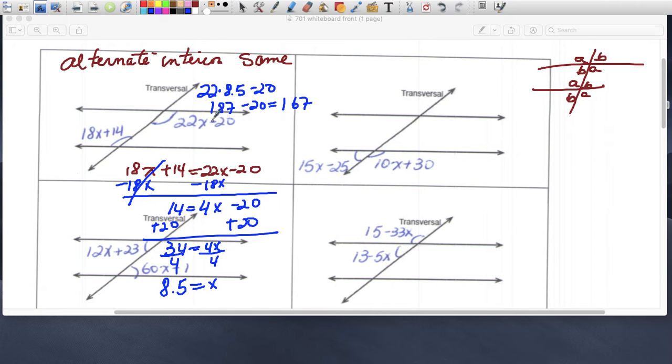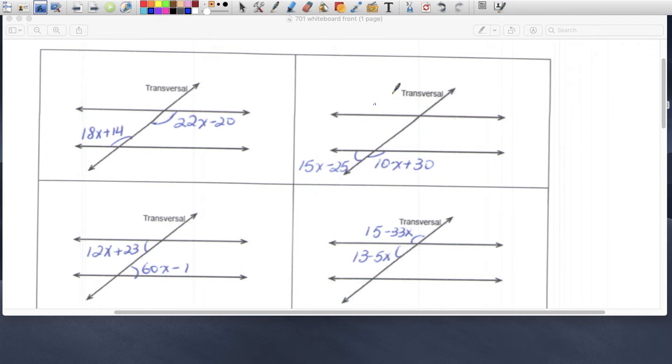Alright, and if this is 167, this is also 167 because they're the same, right? So here, these two are different, so they're supplementary, right?